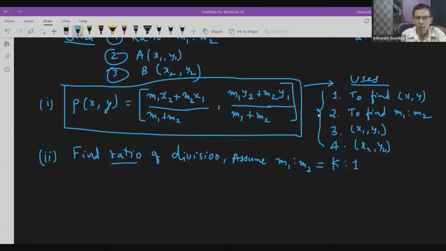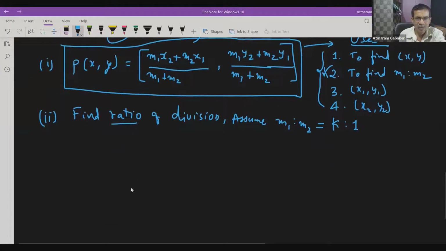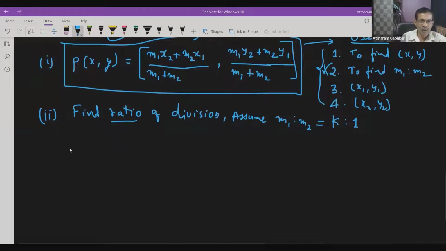Though I have told you the first formula can be used to find m1 is to m2, don't go for this method. You go for the second formula that I am telling you now. The formula is px comma y. Wherever there is m1, you put k.